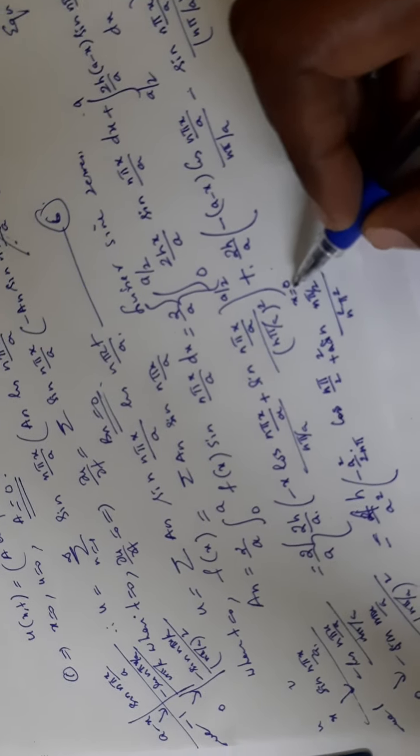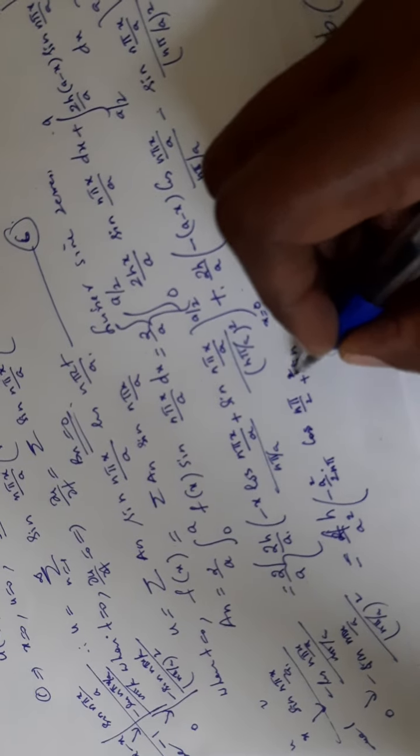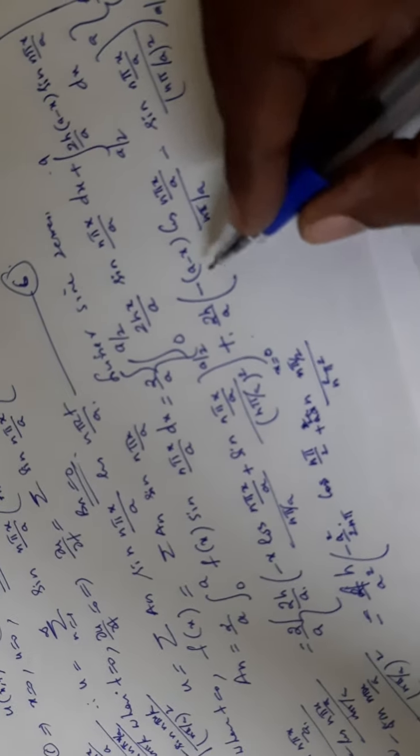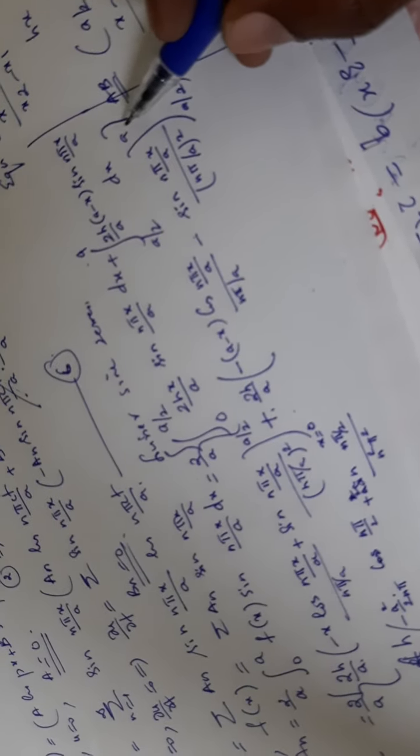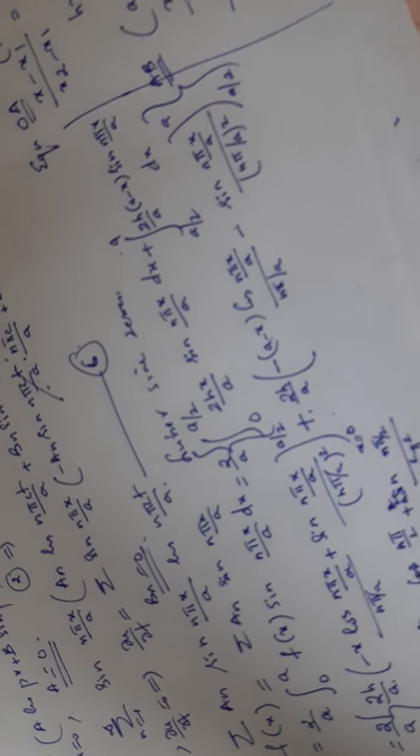If x is 0, this is 0, sin 0 is 0. So this is x square. Next term, if x is a, a minus a is 0.